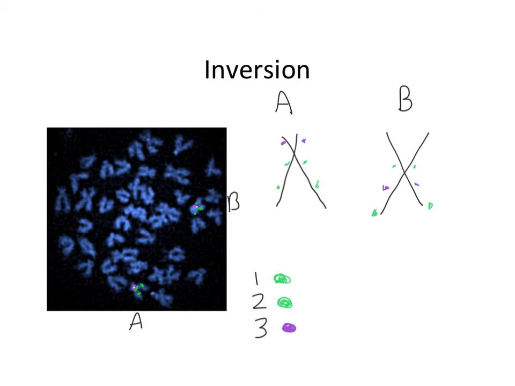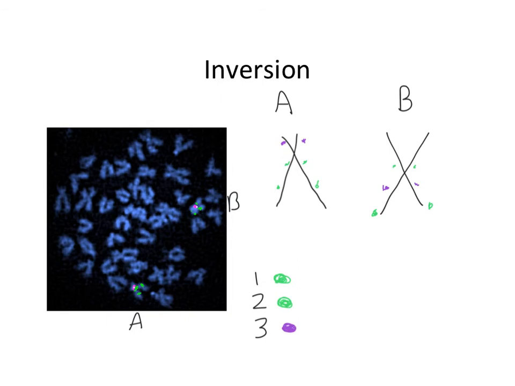The bottom line is the difference in the order of signals, purple, green, green on chromosome A, but green, purple, green on chromosome B, means that although these are homologous chromosomes, the physical structures of the chromosomes aren't identical. There's been an inversion in this case.